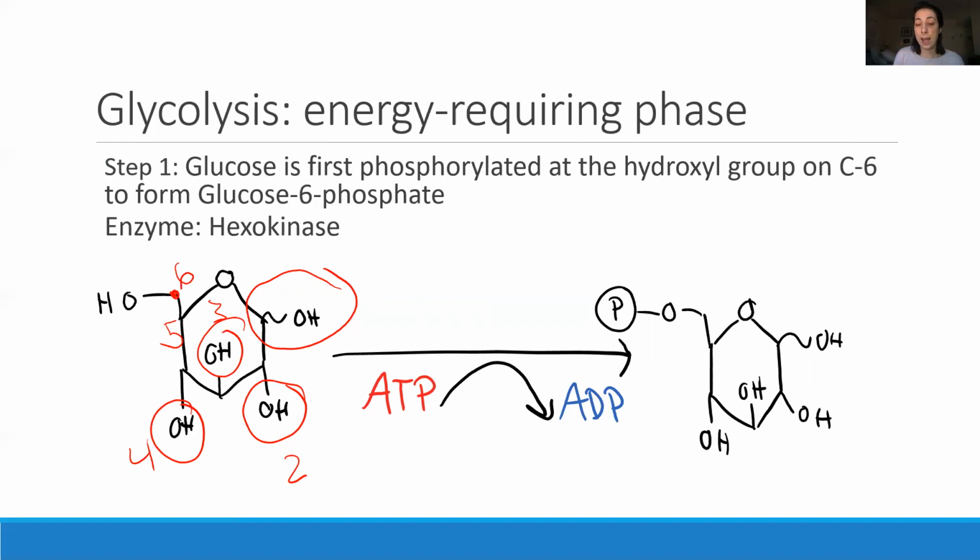You've seen this in the past, hopefully in Biochem 1, where we've looked at phosphorylation of carbohydrates. I've drawn the phosphate group as a P here, just as a simple reminder, but remember that phosphate groups look like this.